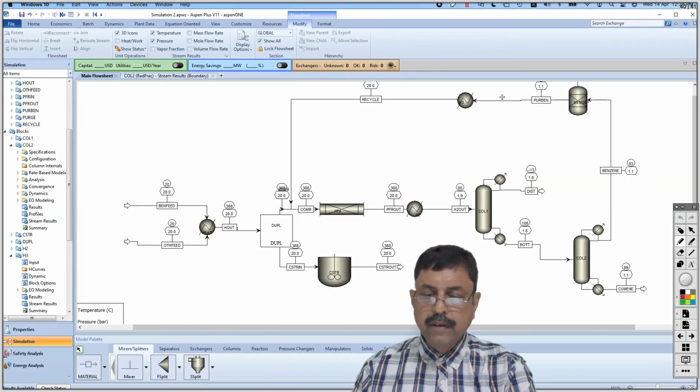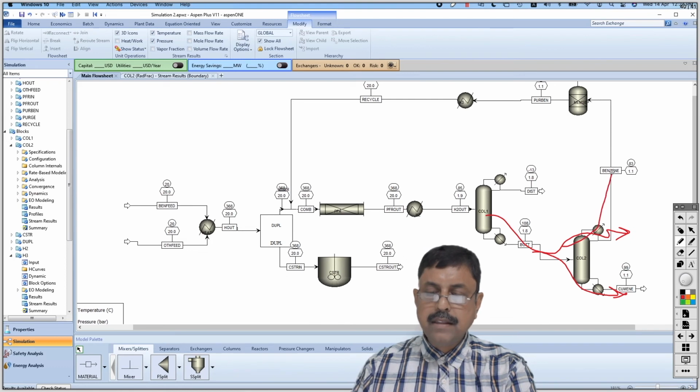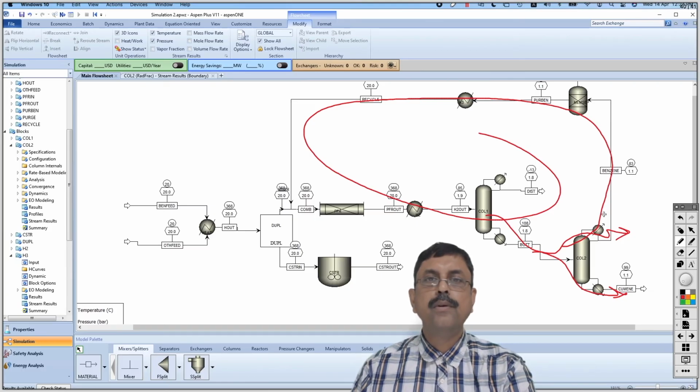So earlier, when there was no recycling, the entire benzene was going through this line and the entire cumene was going through this line. But now, with the recycling on, only that amount of benzene is being recycled in this loop, which is useful.